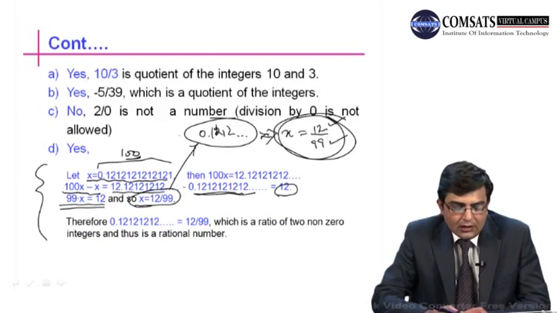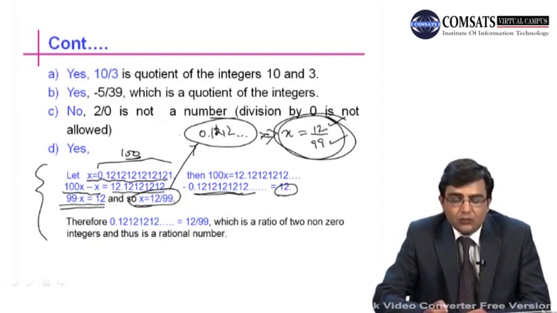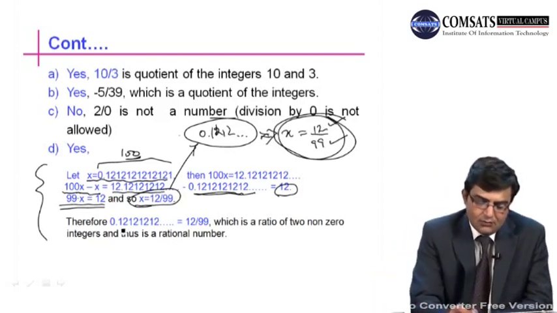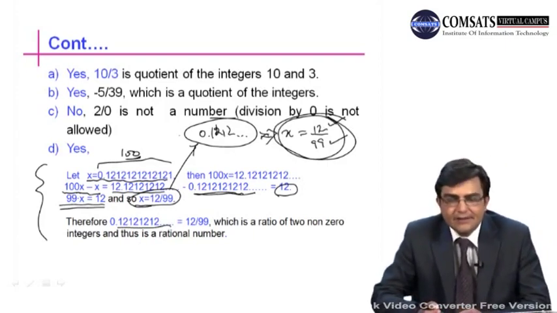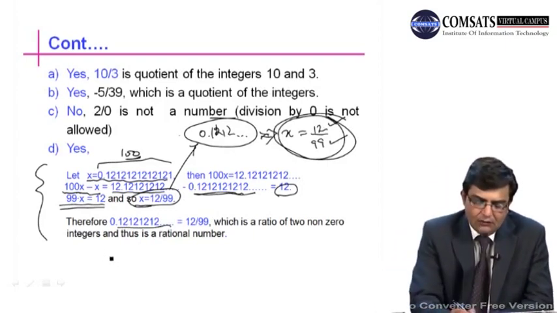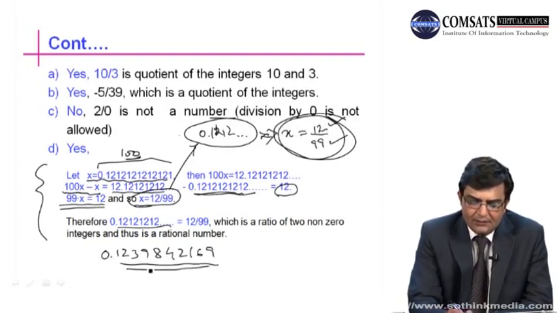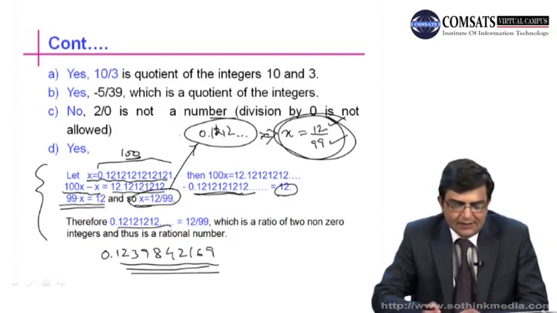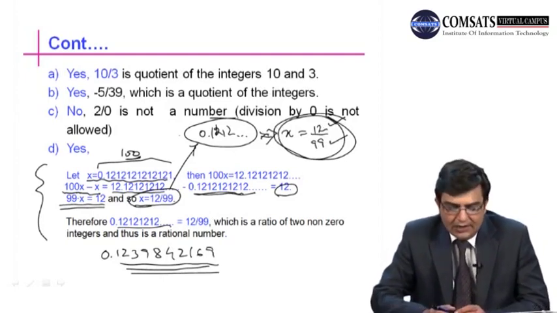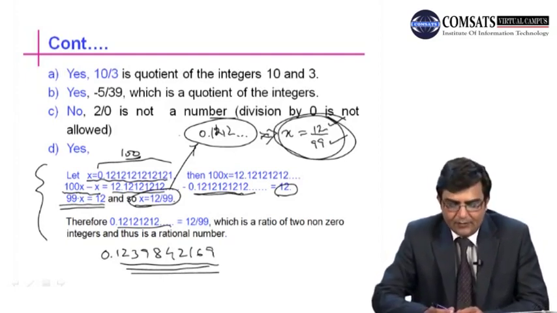The numbers in which the sequence does not repeat, for example 0.12398421169, have no repeating sequence, so such numbers are not rational numbers.